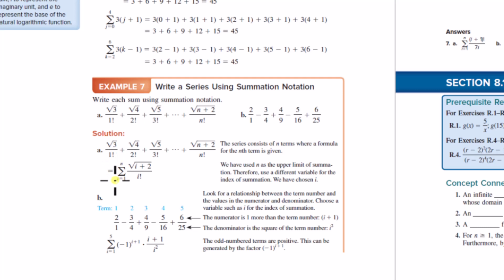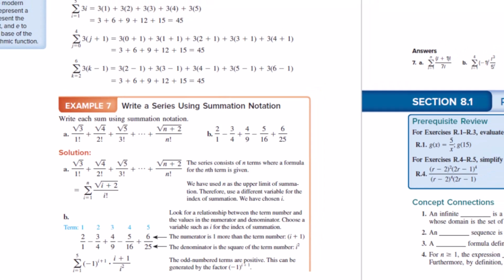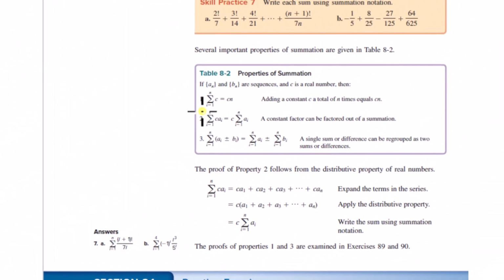If you're starting at n equals 1, you put I equals 1. If you're starting at n equals 0, you put I equals 0 to n. This is A sub n just with I replacing the n for the sake of the summation. Okay, properties of summation. I'm going to have a separate video explaining properties of summation and doing example problems on simplifying summations.